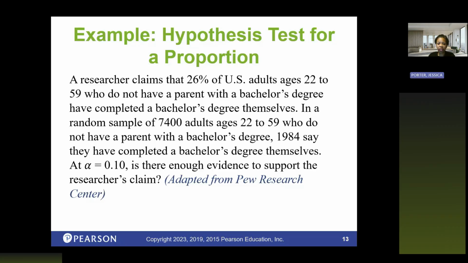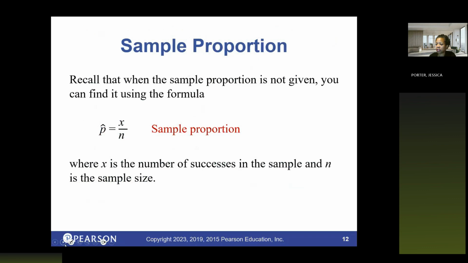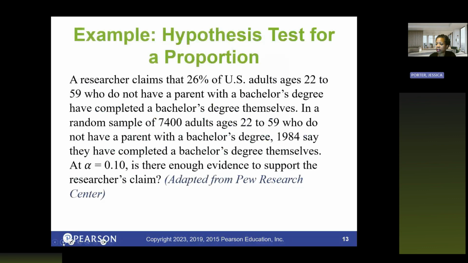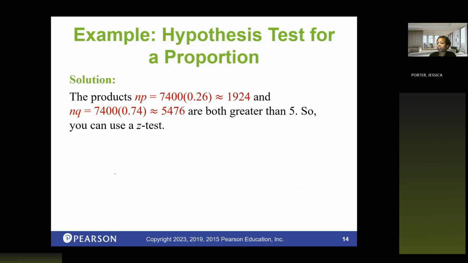Well, the first thing we're going to do is test our NP. NP is greater than 5, and NQ is also greater than 5.